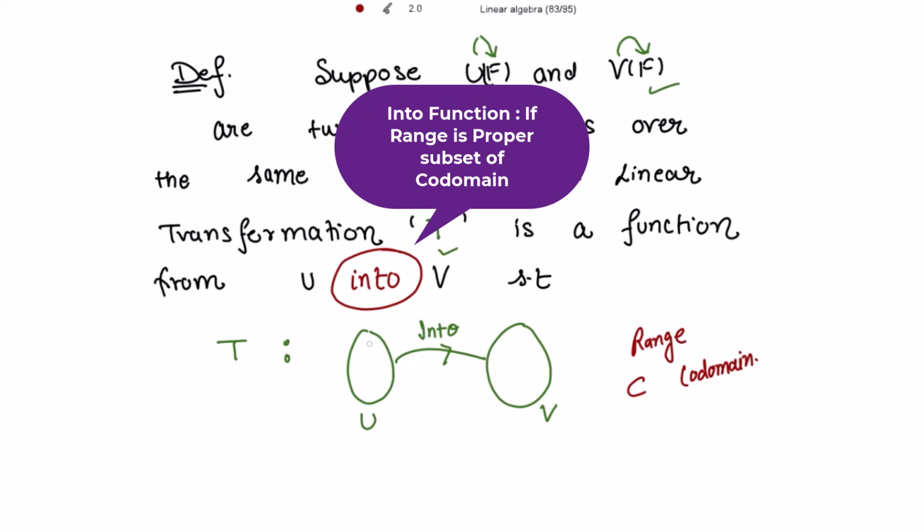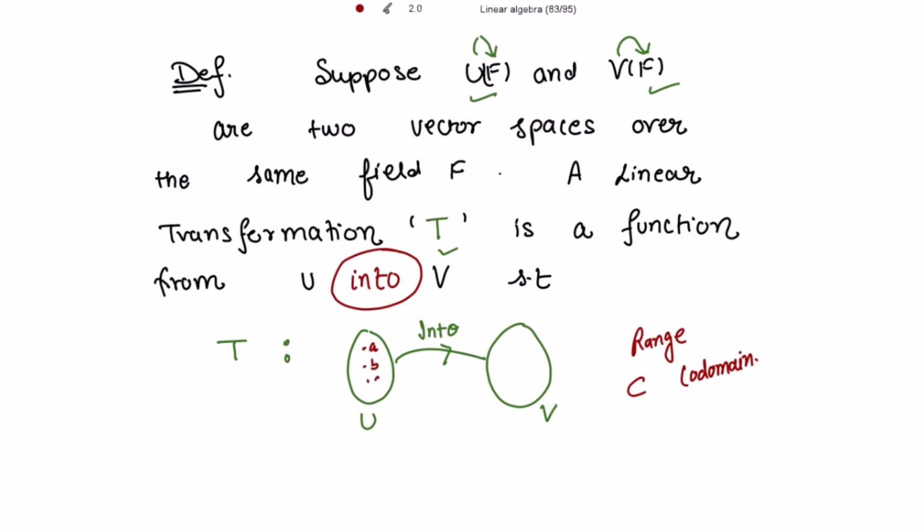Suppose I have the elements a, b, c in this domain U, and here I have the elements 1, 2, 3, 4. Suppose T(a) is equal to 1, T(b) gives the value 2, and T(c) gives the value 3.